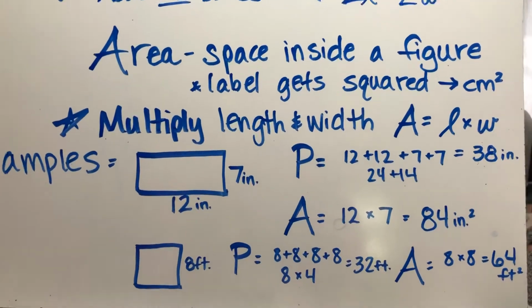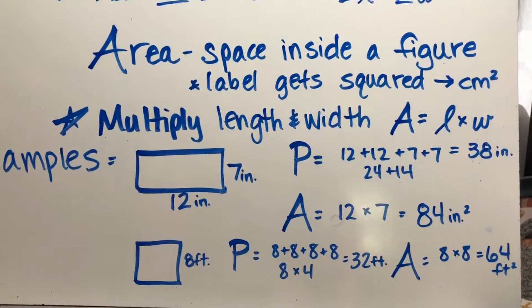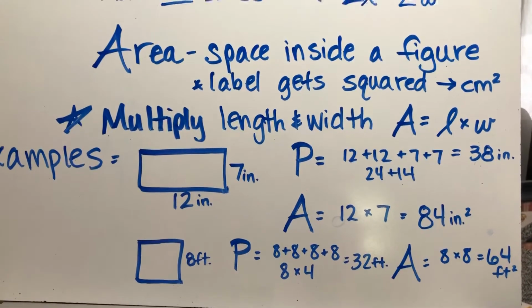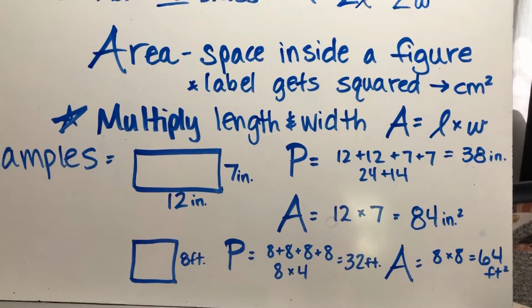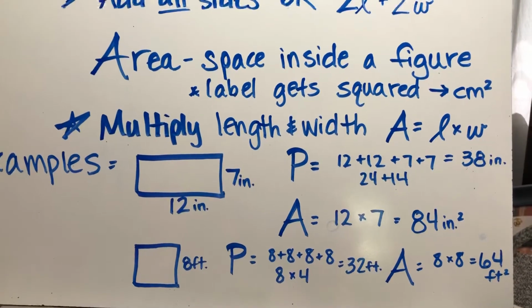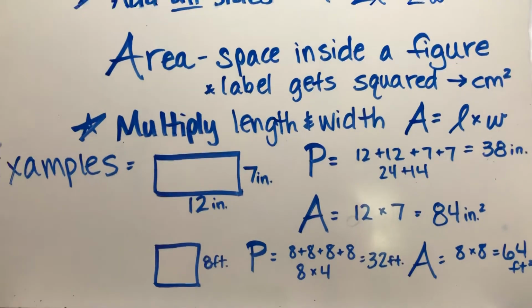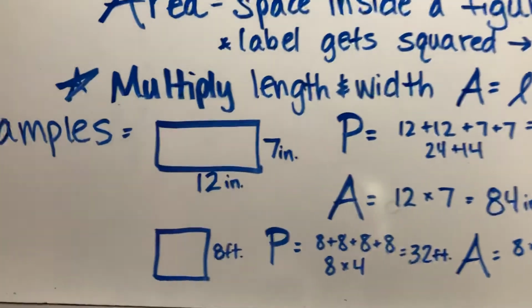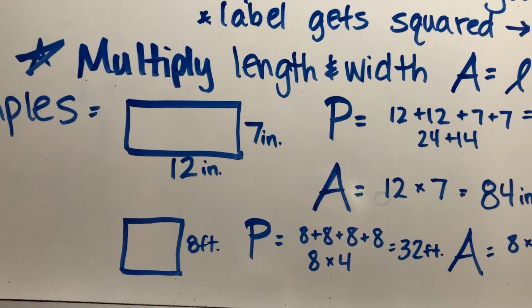Now I drew a square. When a square, you remember the definition from last chapter, all the sides are even. So they tell you that the side is 8 feet. If you see in your book the S is standing for side. Because in a square, all sides are the same. So instead of writing 8, 8, 8, 8, I just say, for perimeter, I have to add.